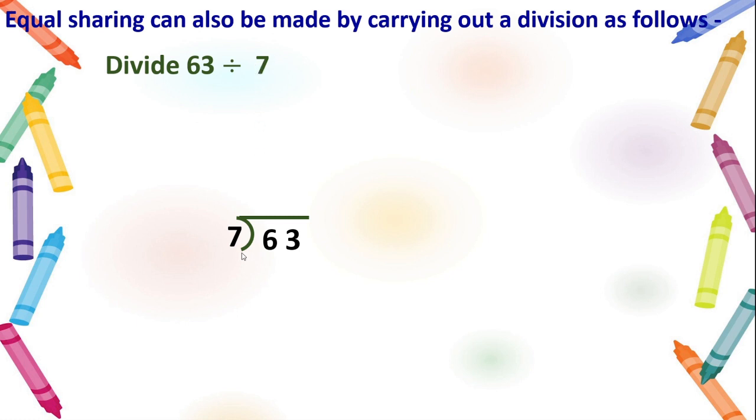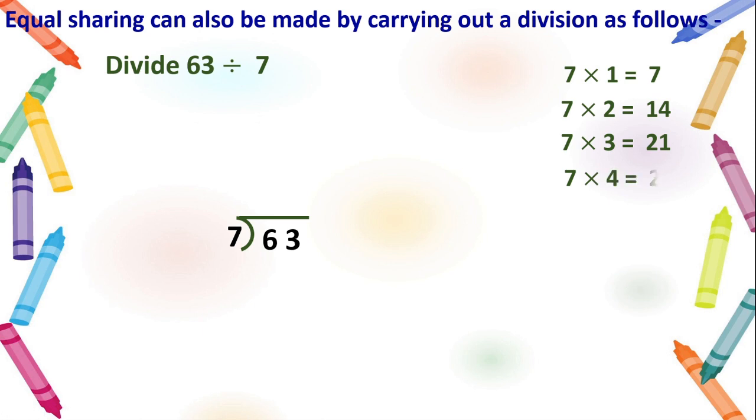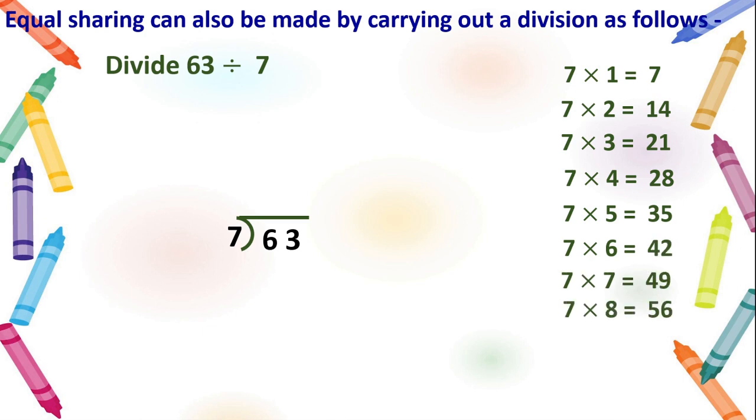Okay, so we need the 7 times table. 7 ones are 7, 7 twos are 14, 7 threes are 21, 7 fours are 28, 7 fives are 35, 7 sixes are 42, 7 sevens are 49, 7 eights are 56, 7 nines are 63. We got 63. Nice. So 7 nines are 63.